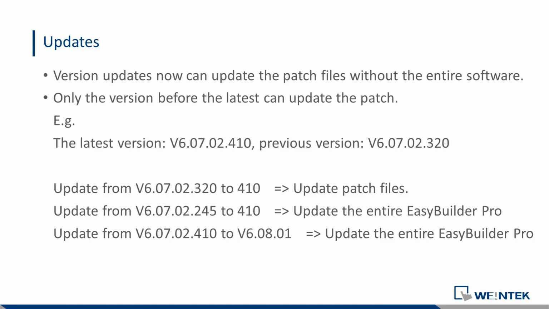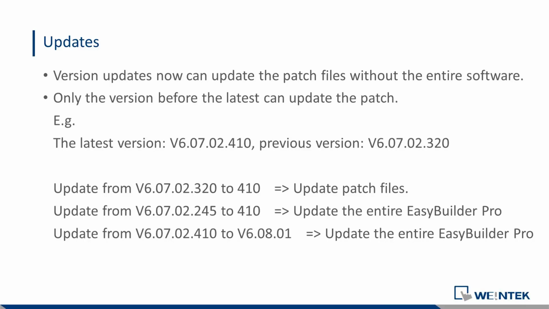You don't need to download the entire software. But if you update from an older version, like maybe V6.07.02.245, to the latest version, you're going to need to update the entire EasyBuilder Pro.